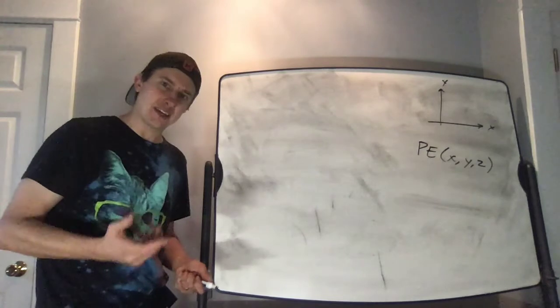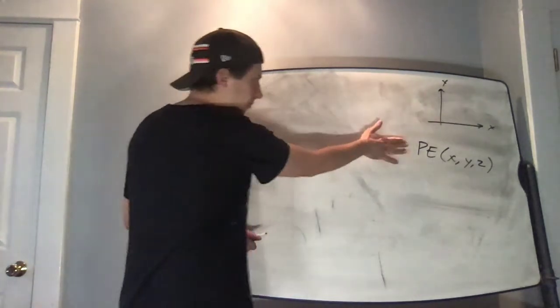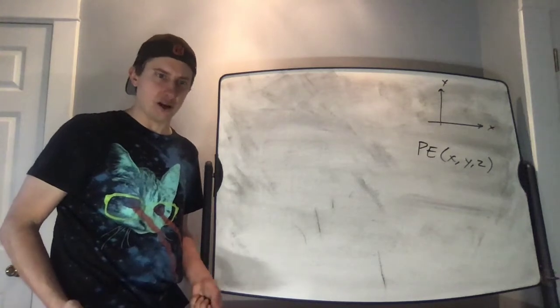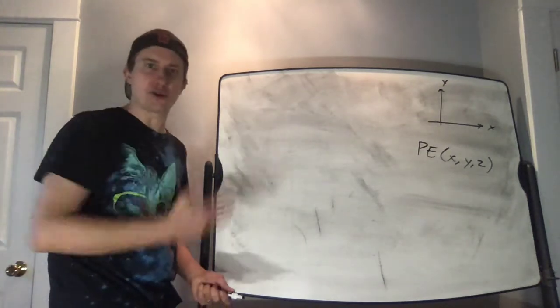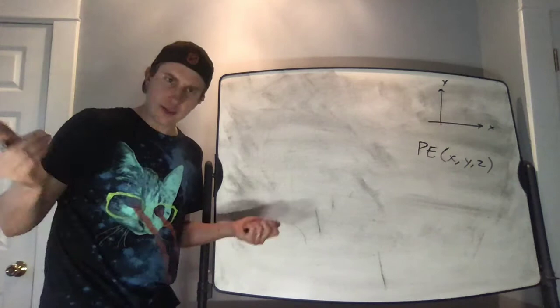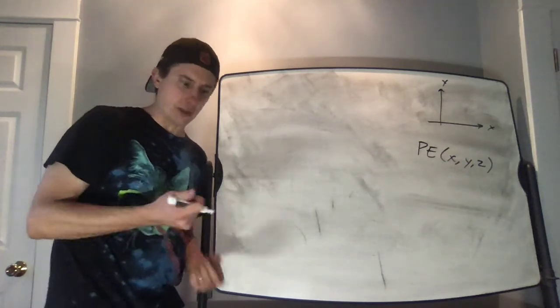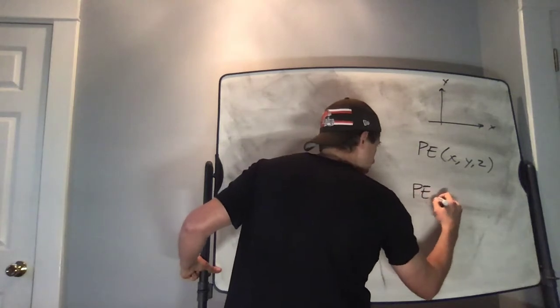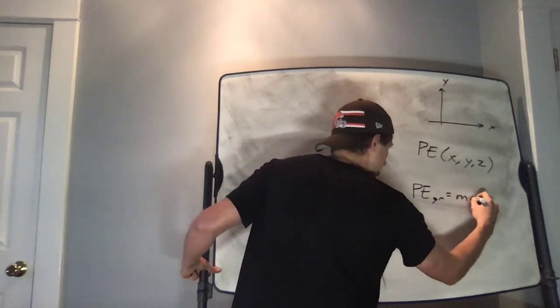As a more specific example, here I'm being completely general. I want the potential energy to be a function of position in as arbitrary a way as possible. Let's think about the gravitational potential energy. We said the gravitational potential energy could be written as mgy.